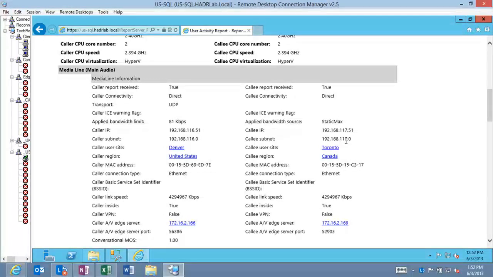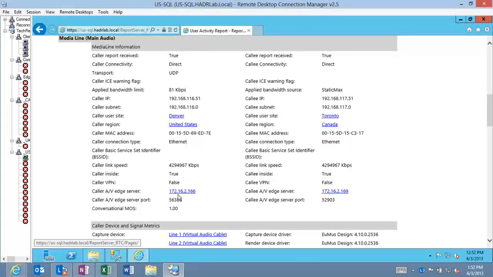Anyone ever try and debug an edge server issue, and you kind of feel a little blind because you had no idea what edge server might be causing a media relay problem or what edge server a user was connected to? These media quality reports show you that. So I can see that my US user was connected to the AV edge server that has an IP 2.166, and I can see that the callee was connected to an edge server that has an IP of 2.169.